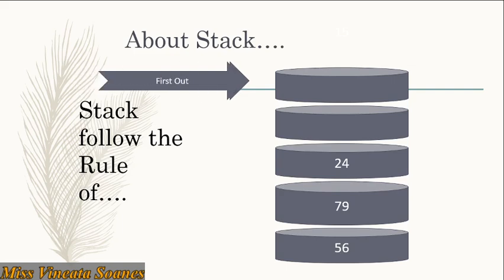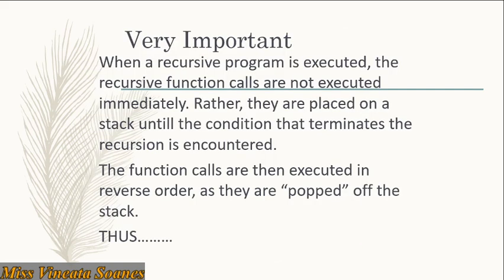So remember, with a stack, if you're asked what data structure recursion uses, it uses a stack data structure, please note that down, okay. And also a stack data structure always follows last in first out. Remember, last in first out. Now this is a very important point that you need to remember.